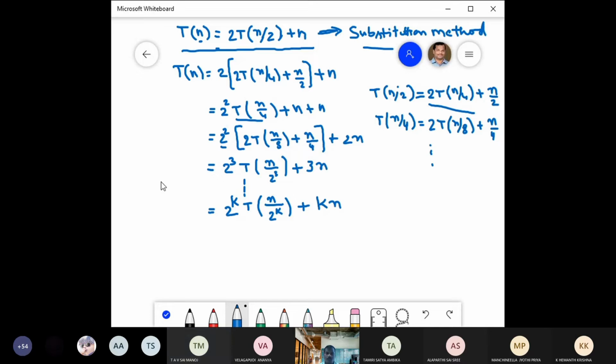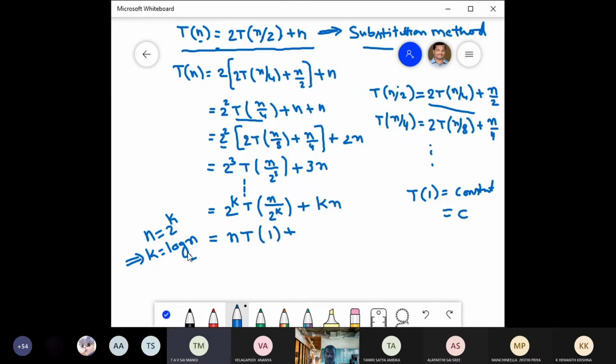Very good. Now initial values are known to us. In recursive algorithms, T of n is some constant value, say C. So when you get T of 1, n is equal to 2 power k, which means k is log n to the base 2.